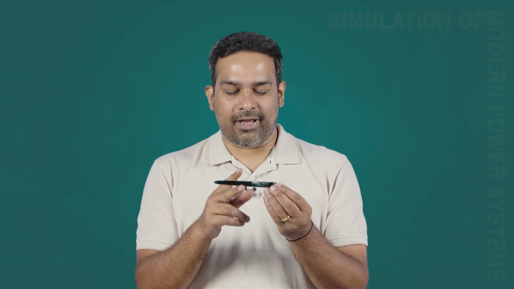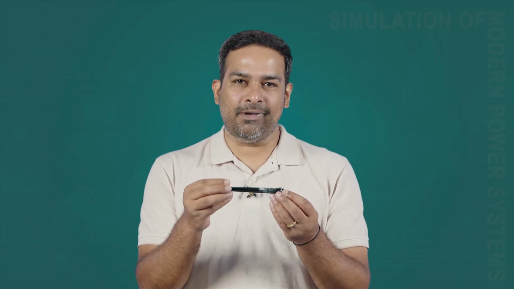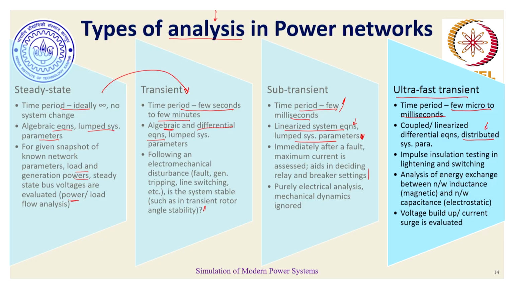Ideally speaking, if I break this wire into two halves and still measure the resistance, those two wires will still have an equal number. And if I try breaking this wire into a minuscule system element, it will still have the same per unit resistance as the entire wire has, which means that every small section of this wire will have a resistance which is distributed, and that's why I call the actual network representation a distributed network representation.